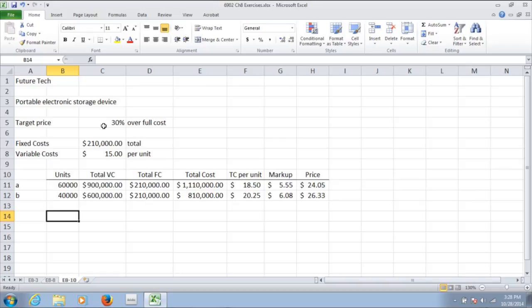So what happened? Well, as it turns out, we reduced production by 20,000 units, and we end up having to charge a higher price. This is systemic whenever we have a non-trivial amount of fixed cost, and I'd say even here fixed costs are becoming more pronounced, at over a third of costs in the second example of 40,000 units.